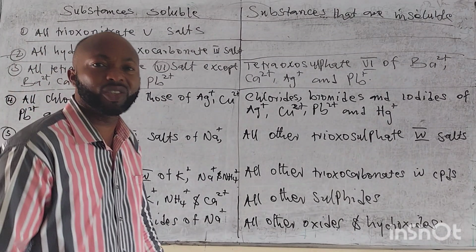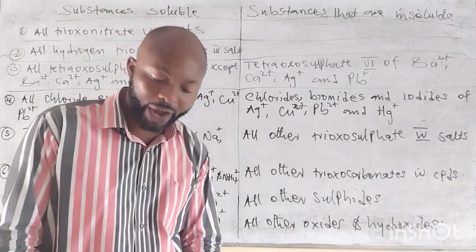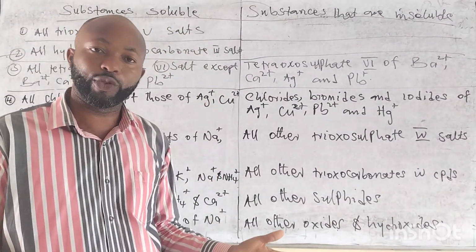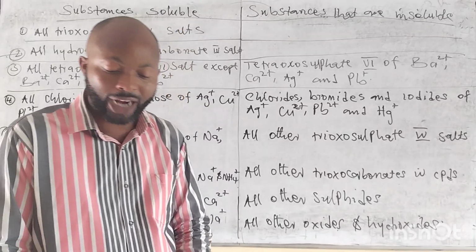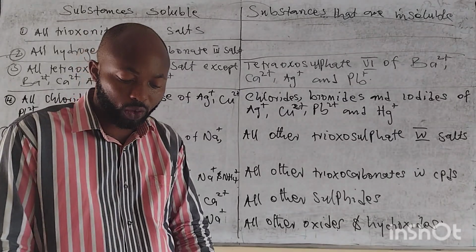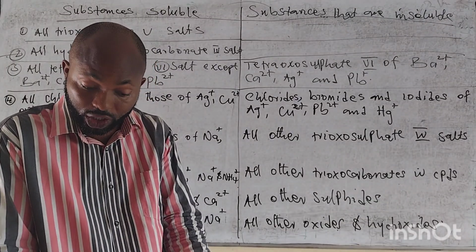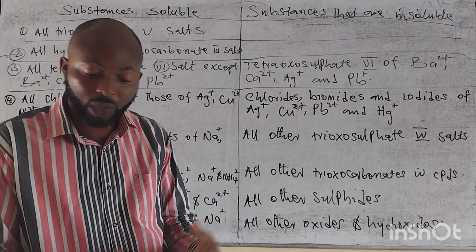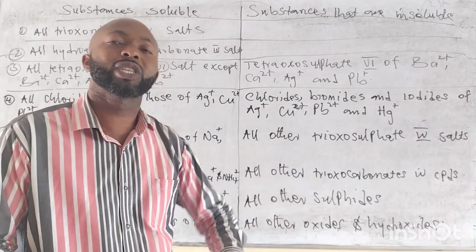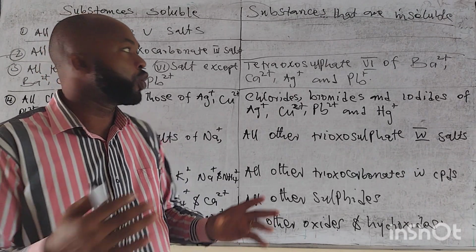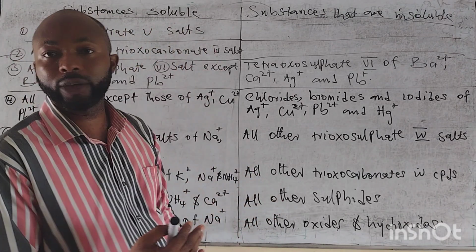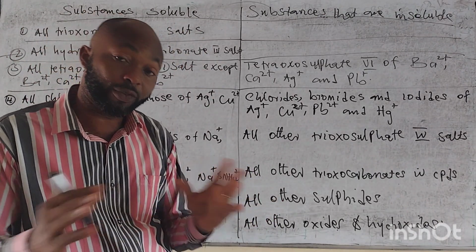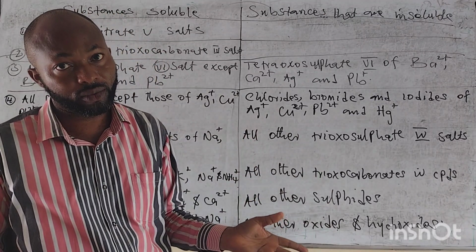So from here you begin to see that if perhaps you are being asked to identify the various salts, they can be given to you in their various names: calcium chloride, potassium, sodium, and so on. With your knowledge of the solubility table, you'll be able to identify those that are soluble and those that are not.